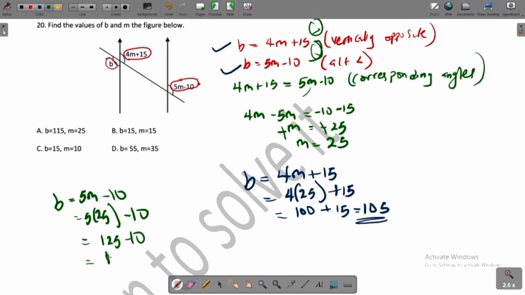We should get 115. Meaning here also 100 plus 15. I made a mistake. It should be 115. So it means the solution to this is 115. So from here, we have to find our M and our B.